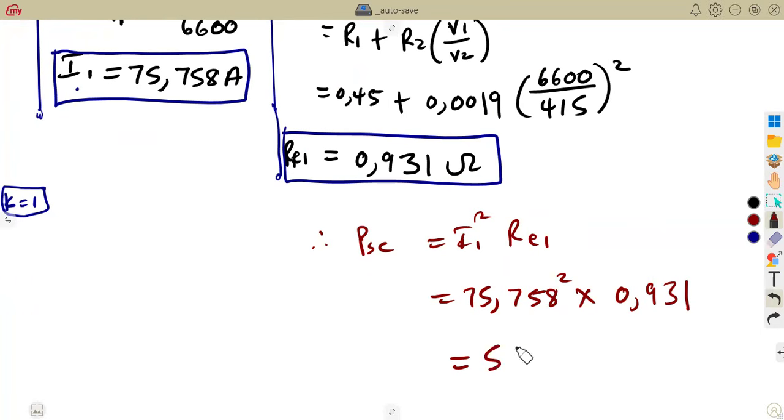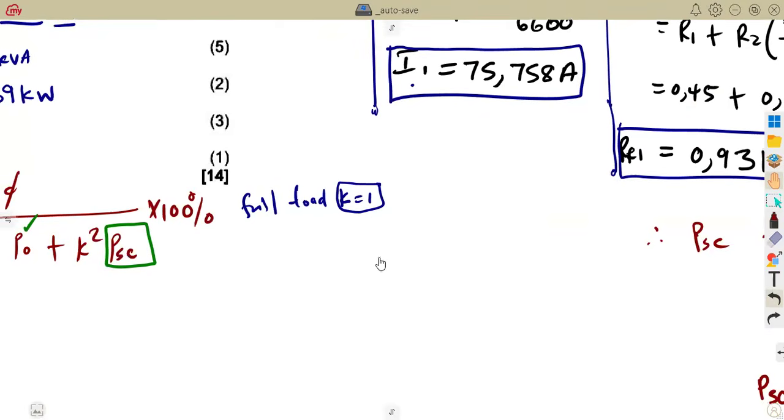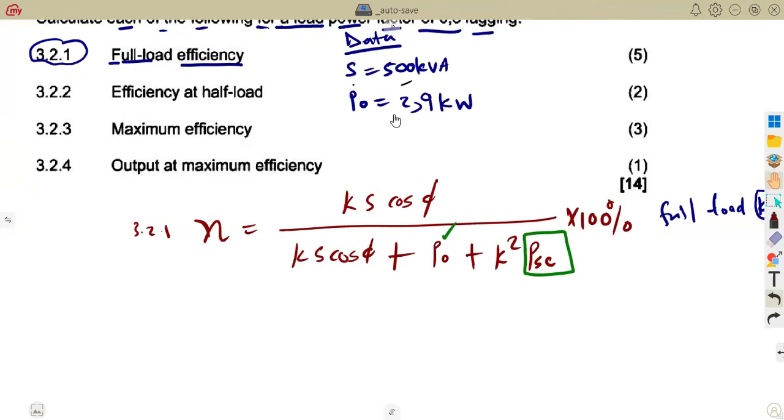It was going to be 5,343.265 in watts. You can even convert this to kilowatts, divide by 1,000. That will be 5.343 in kilowatts. Since we are also having the open circuit, remember we're given open circuit in kilowatts, this was the missing piece of the formula here.